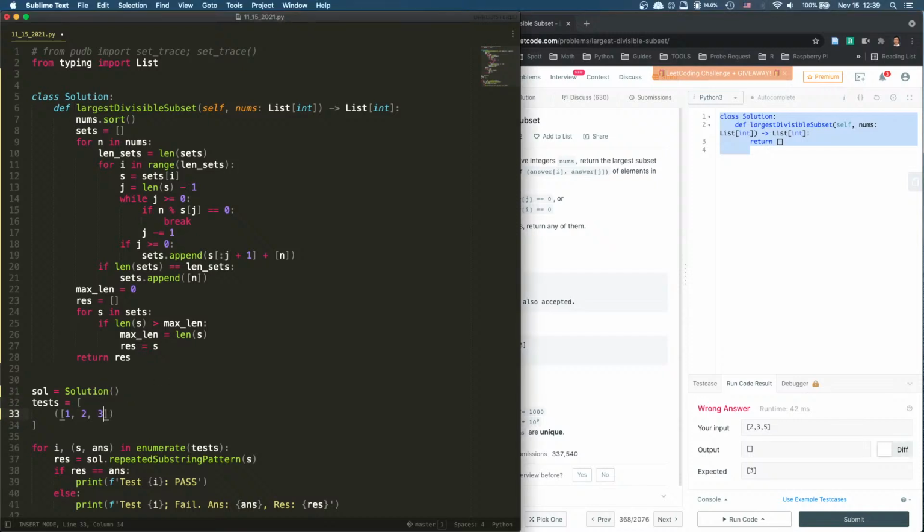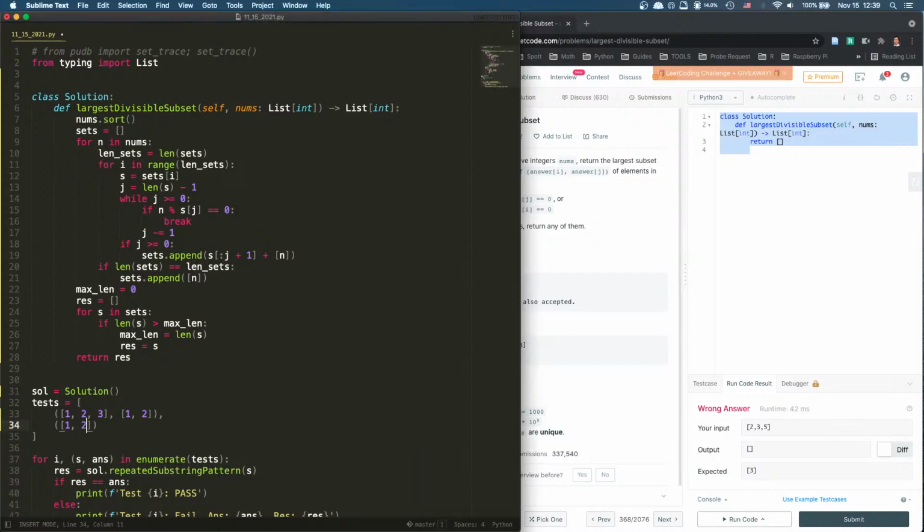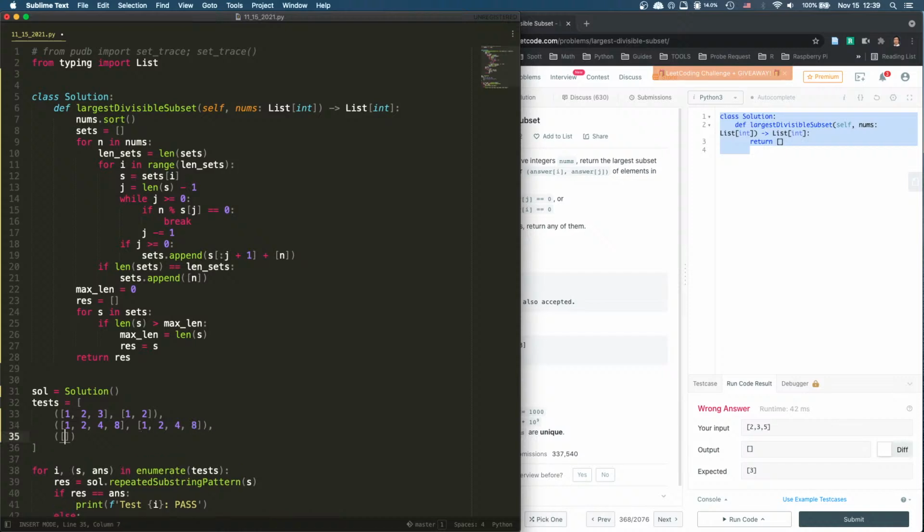All right, 1, 2, 3 will return 1, 2. I think the one we do is we will return the first one. 1, 2, 4, 8 will return 1, 2, 4, 8. And I have another test case that I was analyzing earlier, which is 2, 3, 6, 18, and 24.